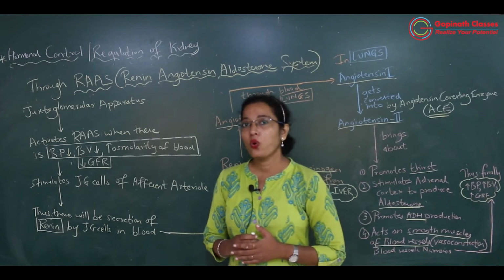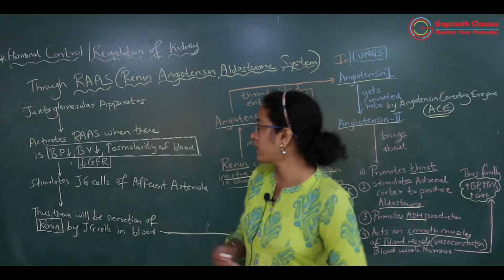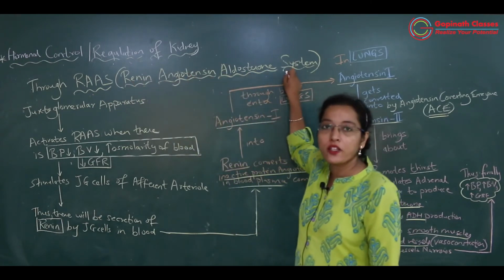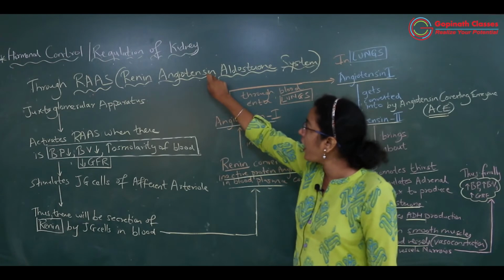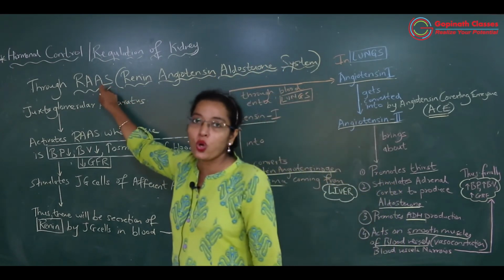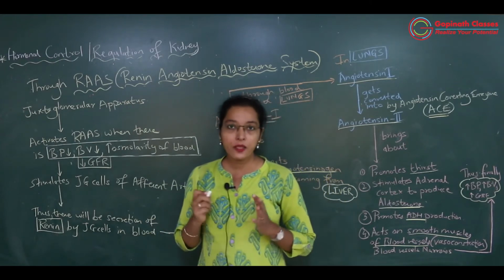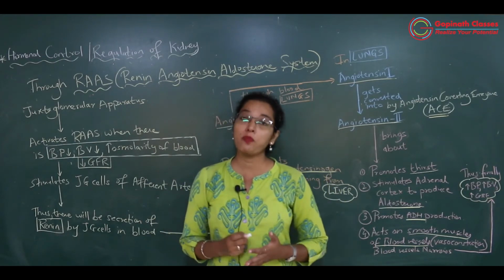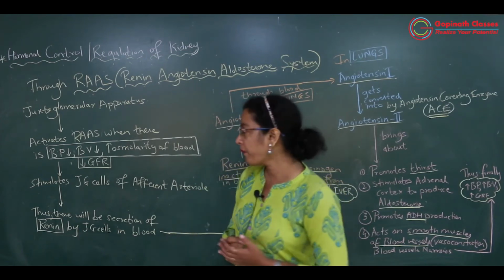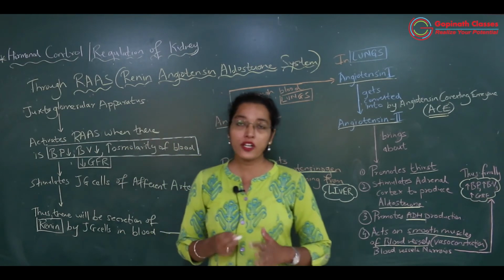So there is one system which is present in our body, and the name of the system is renin angiotensin aldosterone system, which is also abbreviated as RAAS. So very important. The RAAS system plays a very important role in controlling the BP. Now let's see what exactly happens to control the BP.